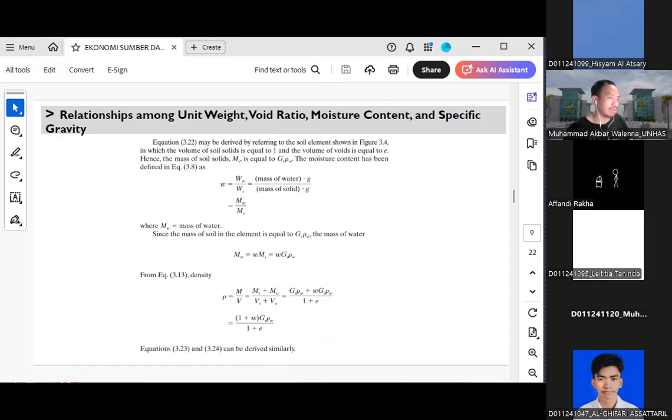Basically, the amount of water in soil depends on, firstly, how heavy the soil solids are, which is related to specific gravity. Second, it depends on the density of the water, rho w. And lastly, it is related to the moisture content.